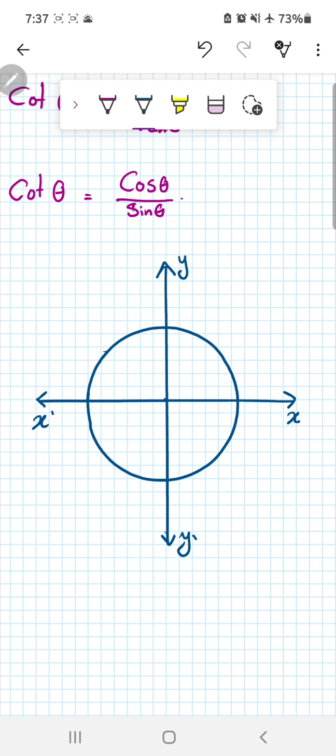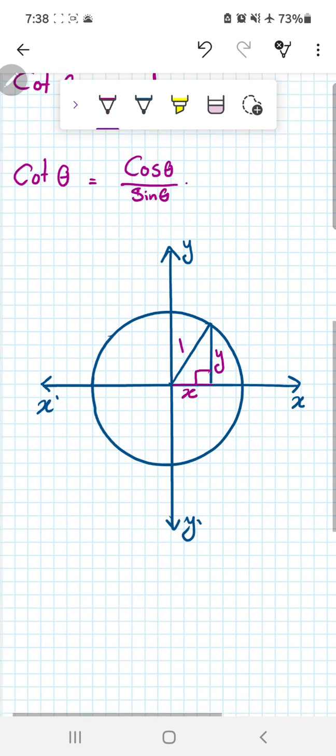Also we talk about the unit circle, and we said it's a circle whose radius length is 1 centimeter. If we have a right angled triangle like this, the radius length here is 1, and this part we call x, and here we have y.